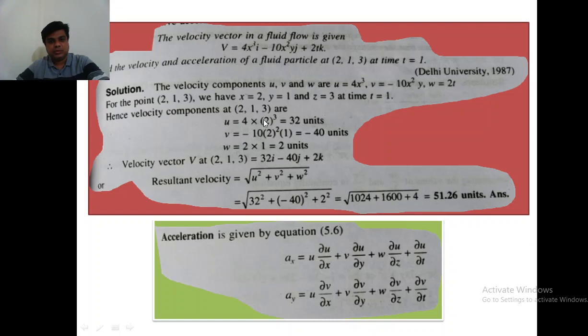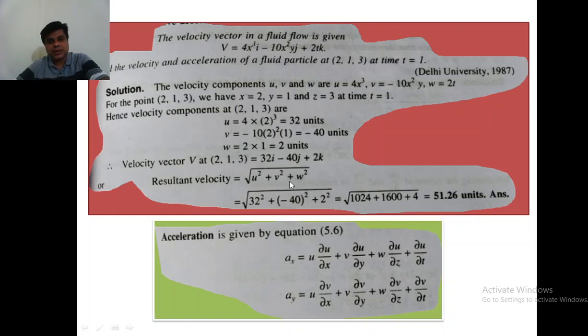In u, substitute the value of x and we get 32 units. If you take v, substitute the values of x and y, 2 and 1, you get 40. W is 2t, t is 1 here, so you get 2. So the velocity vector at 2, 1, 3 will be 32i, plus the y term, that is velocity v, j, plus the z velocity term, where w is 2, k. The resultant velocity will be the square root of u square plus v square plus w square.